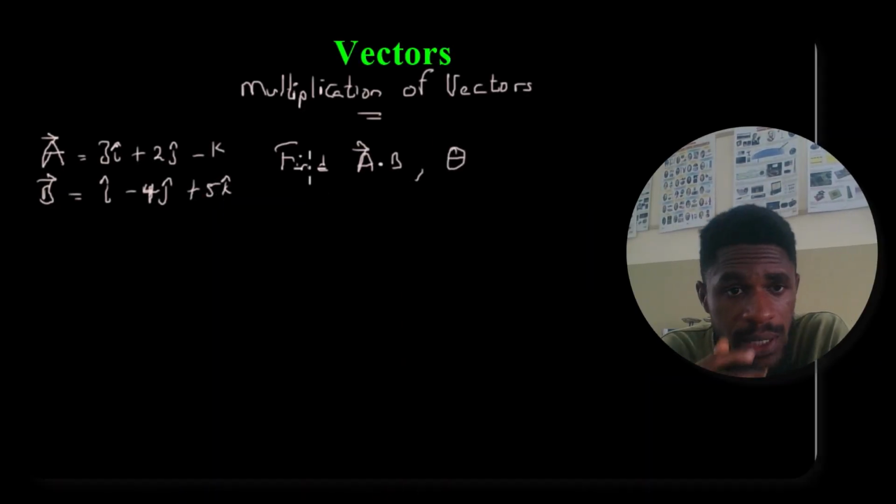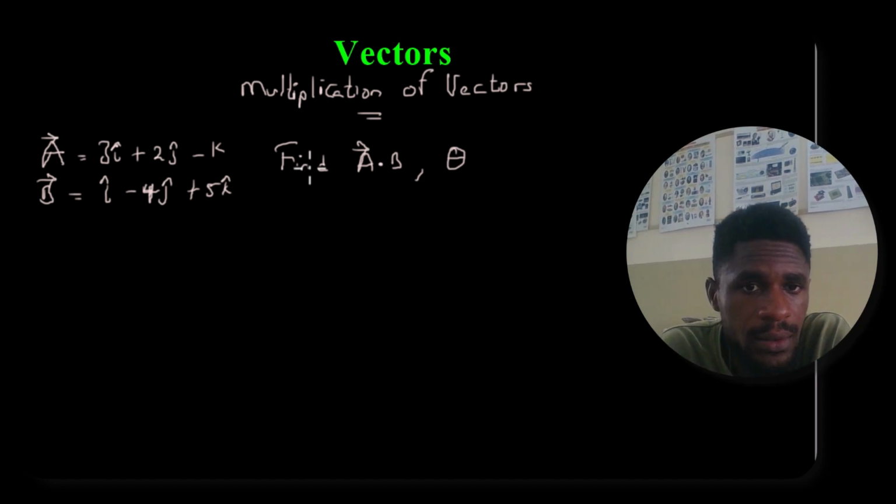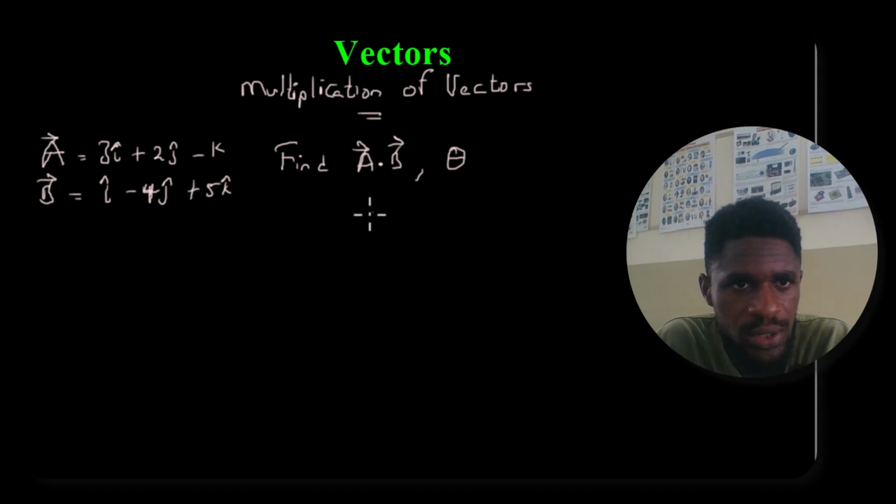So for our question, we are given two vectors, A and B. A vector is equal to 3i plus 2j minus k, and B vector is equal to i minus 4j plus 5k. I have to find A dot B vector and also the angle between the two vectors.